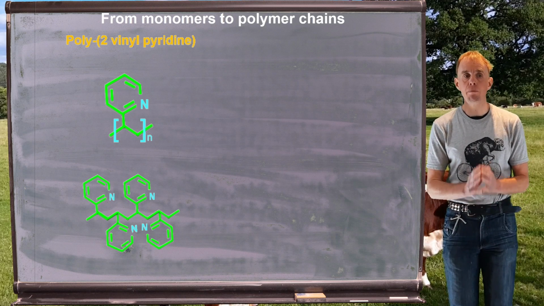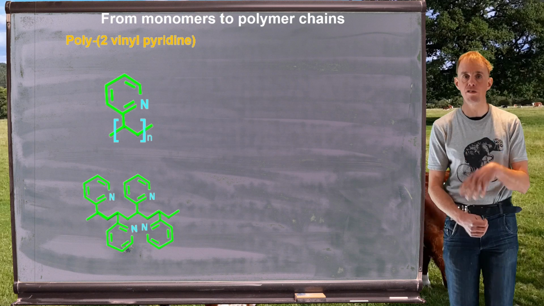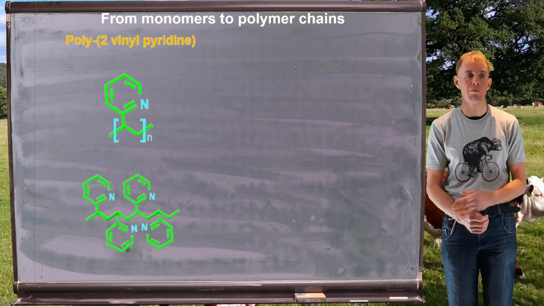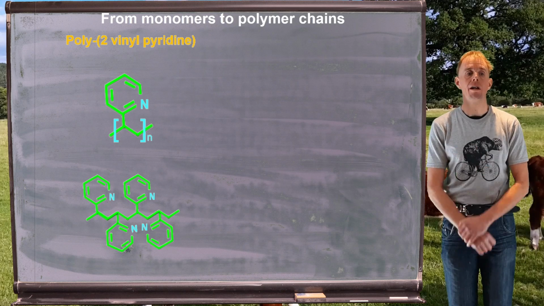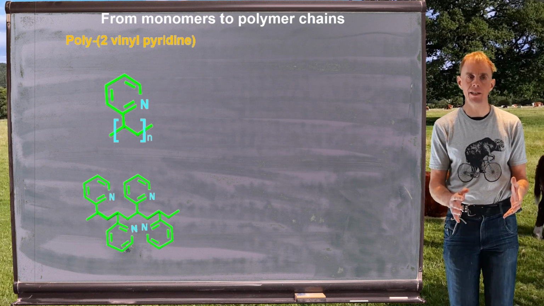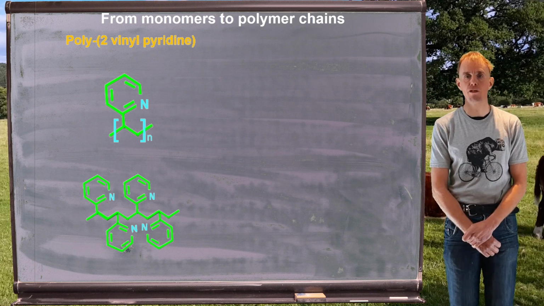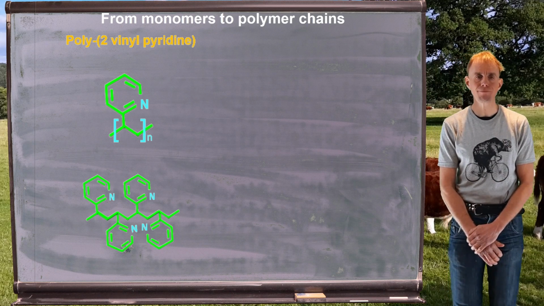The first is the repeat unit for poly-2-vinyl pyridine. It's an aromatic ring with a nitrogen group substituted into it on a carbon backbone, and also an image of several repeat units formed together into effectively an oligomer chain. And the real polymer chain will have many hundreds, if not thousands, of repeat units attached to each other.